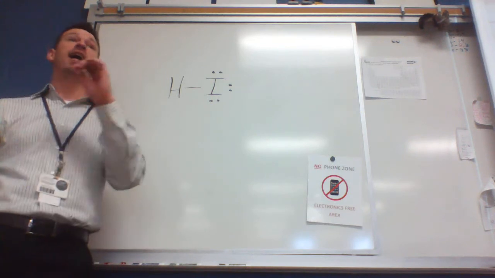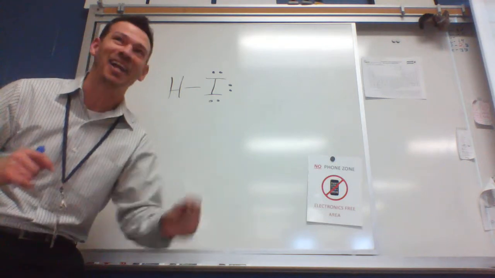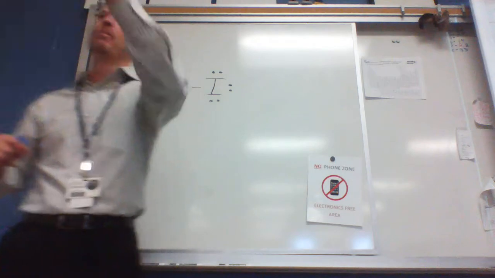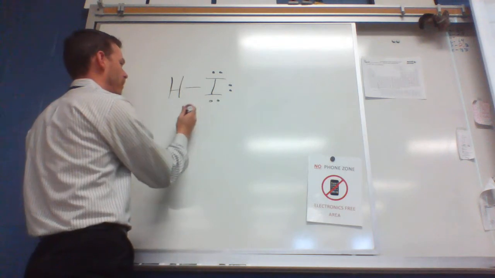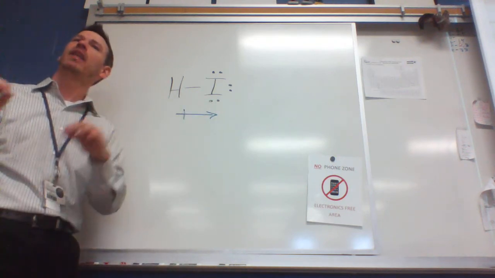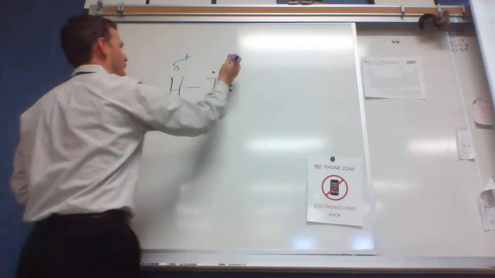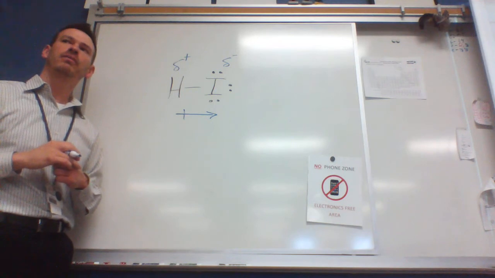I don't want you to overcomplicate that question. Are the two atoms different from each other? Yeah. Then you've got a polar bond. Which direction should I point my dipole moment? Towards the I, because iodine is more electronegative than hydrogen. That's going to make hydrogen have a partial positive charge and iodine have a partial negative charge.